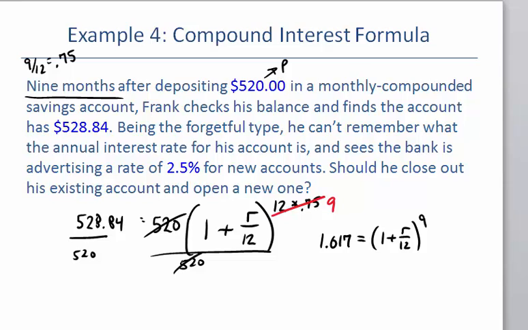Now, how do we get rid of that 9th power? Remember that if we have something raised to a certain power, we can take that particular root. So we can take the 9th root of both sides. Taking the 9th root is the same thing as raising to the 1/9 power.